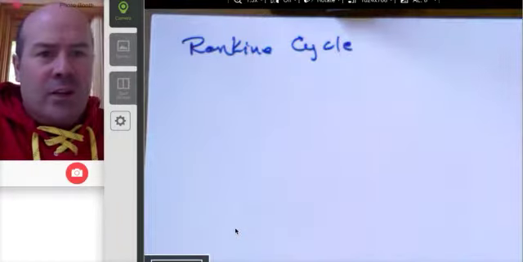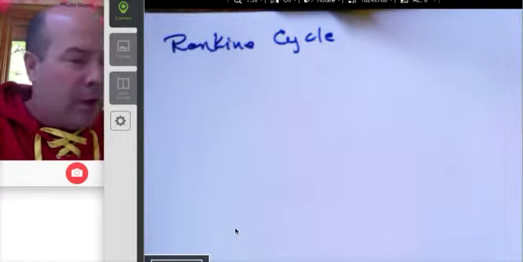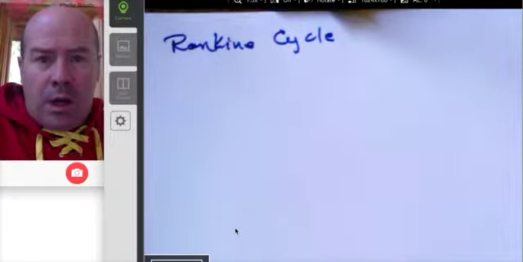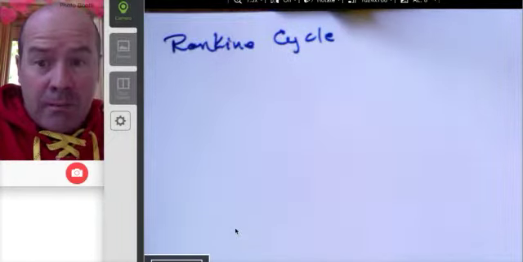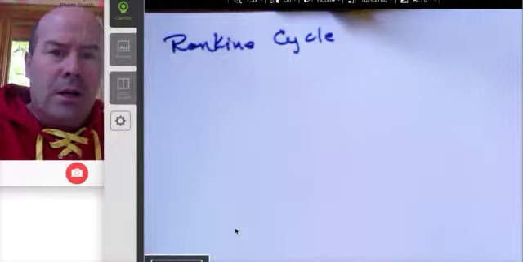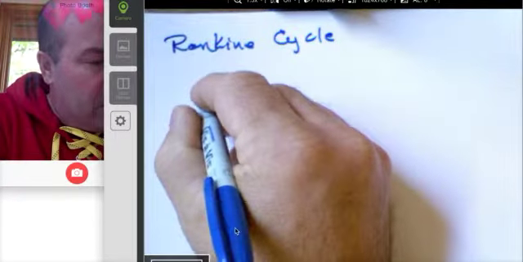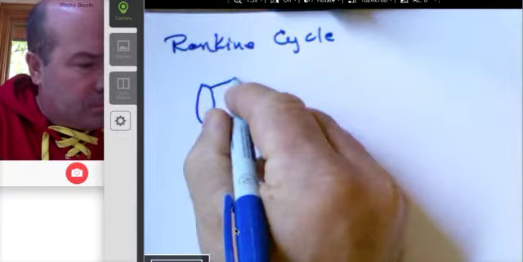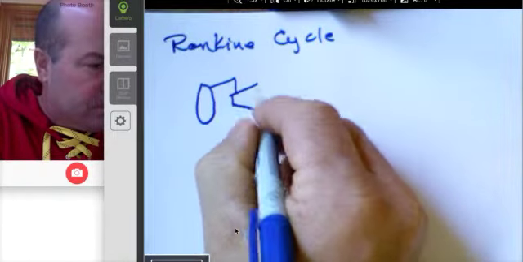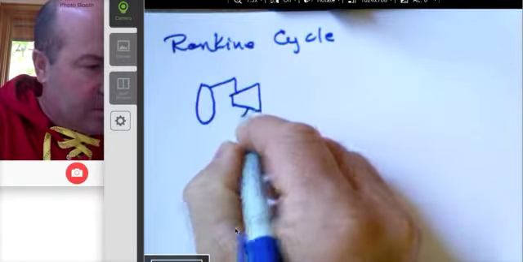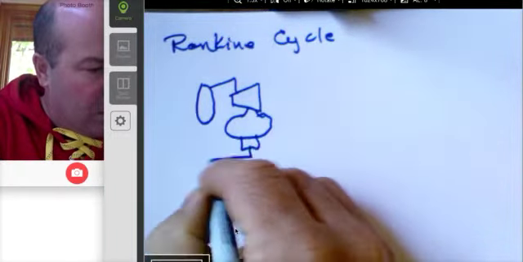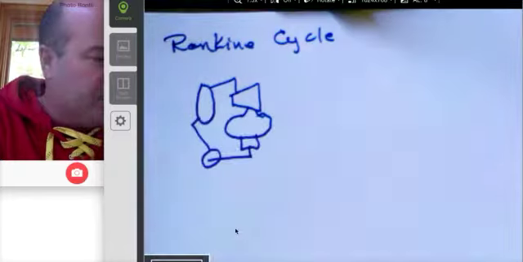So a Rankine cycle has four basic parts. Now, if you take an advanced thermodynamics course in Rankine cycles, we will get many more parts. In the basic cycle, we have a boiler, a turbine, a condenser, and a pump.